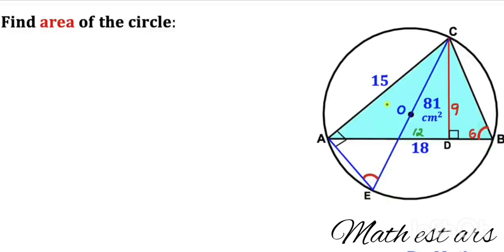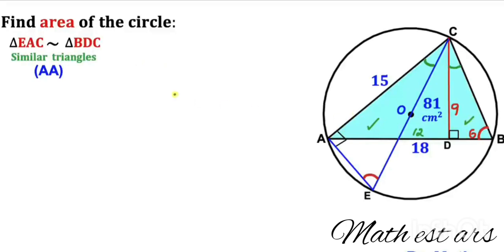And furthermore, this angle in this triangle EAC and this other angle in this triangle BDC are congruent as well, since these other angles are 90 degrees. So therefore we conclude that this triangle EAC and this other triangle BDC are similar triangles according to the angle similarity theorem.